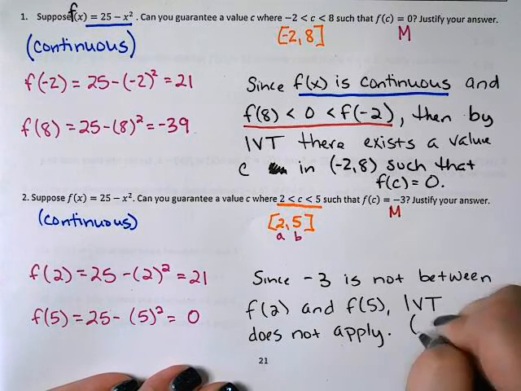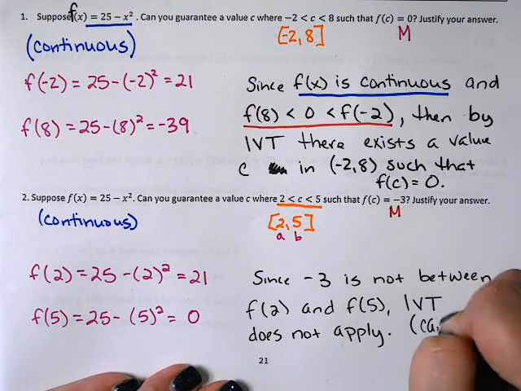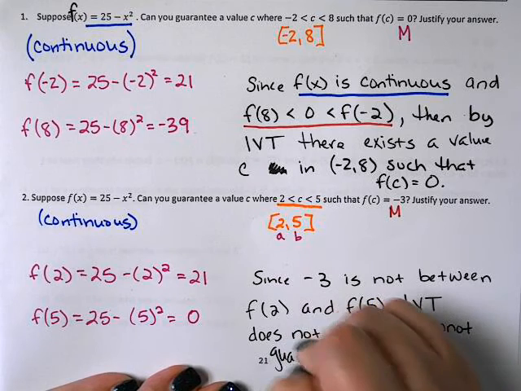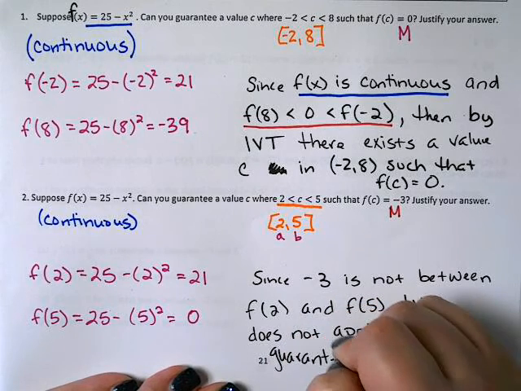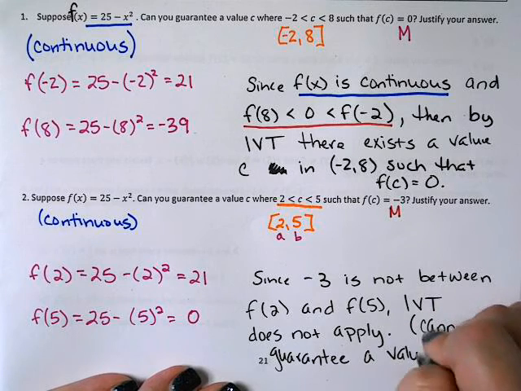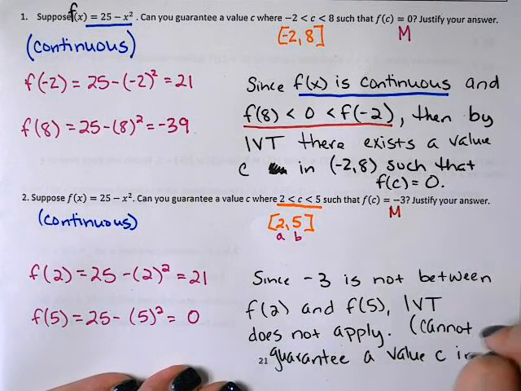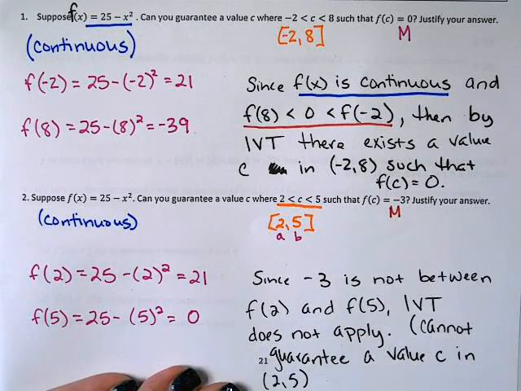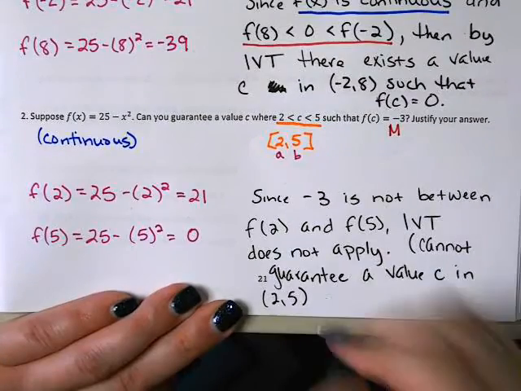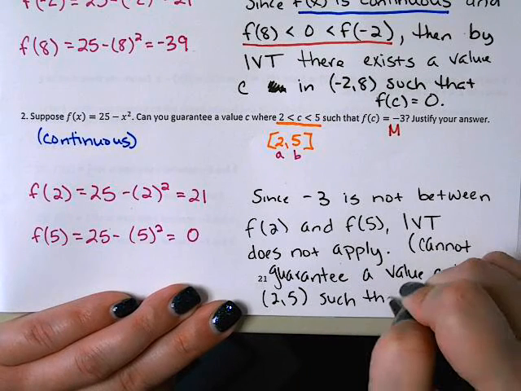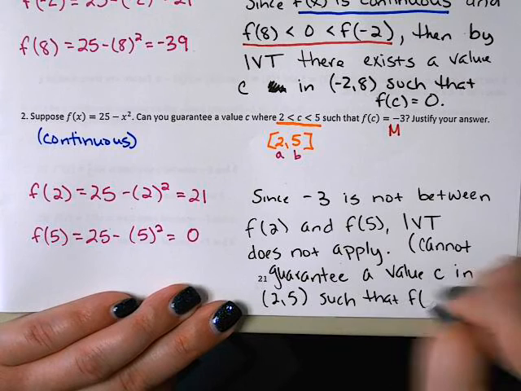So in other words, we cannot guarantee a value c in this interval from 2 to 5 such that f of c equals negative 3.